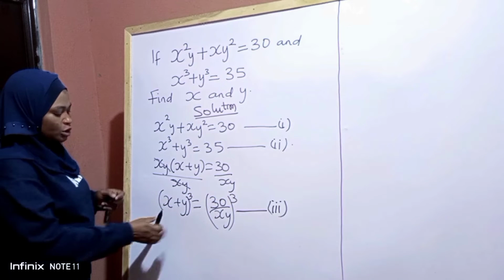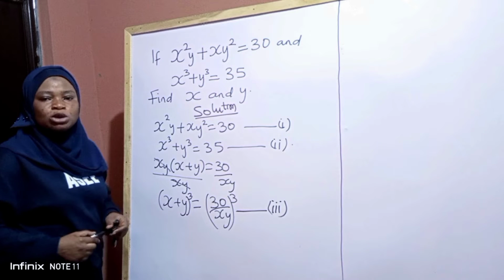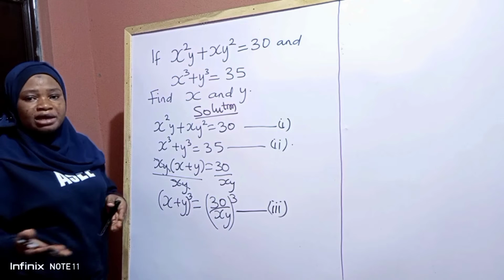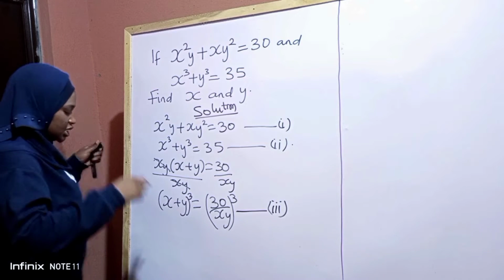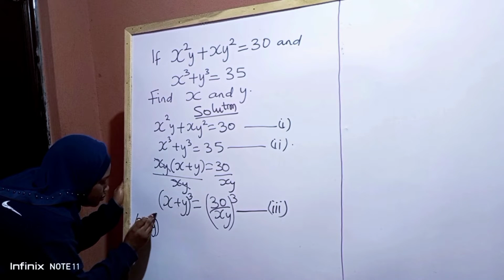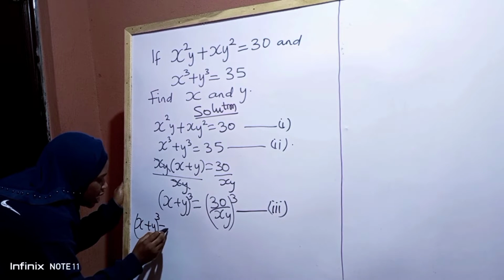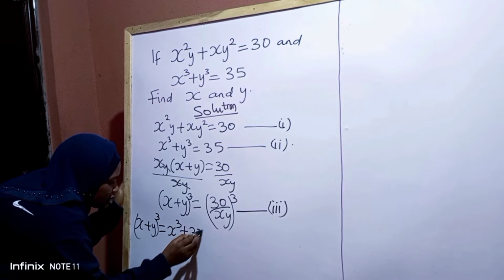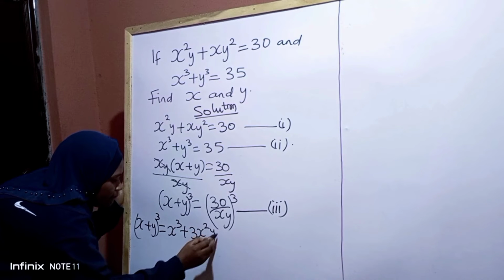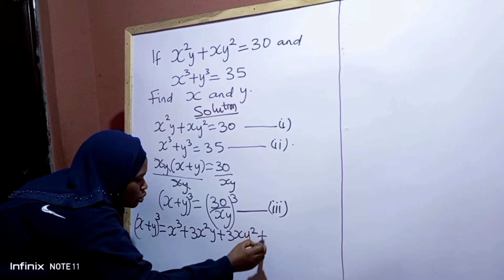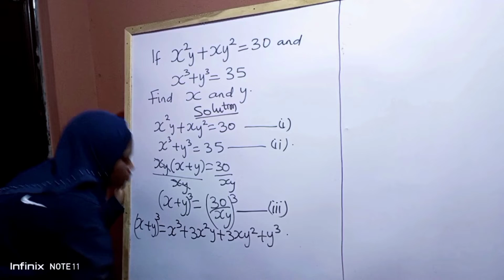From here, we have to expand x plus y cubed. By binomial expansion using Pascal's triangle, x plus y cubed gives us x cubed plus 3x squared y plus 3xy squared plus y cubed.